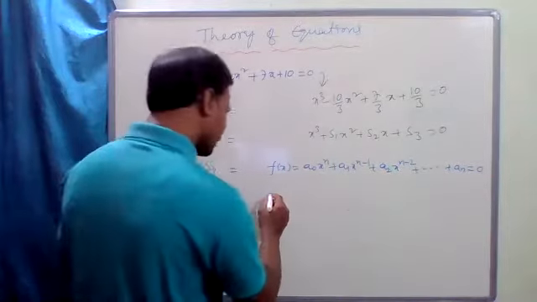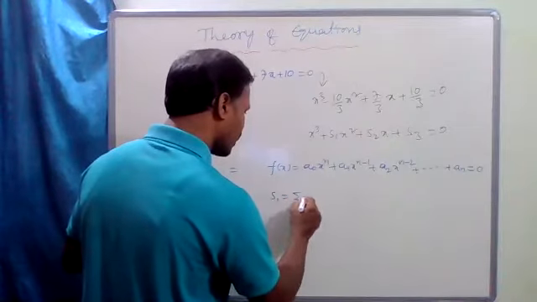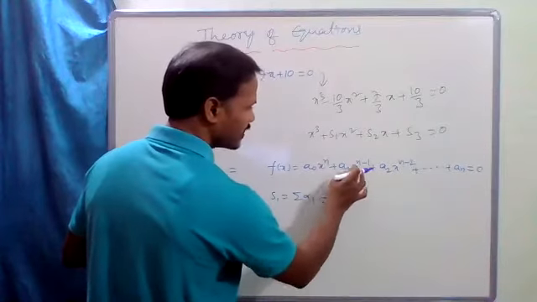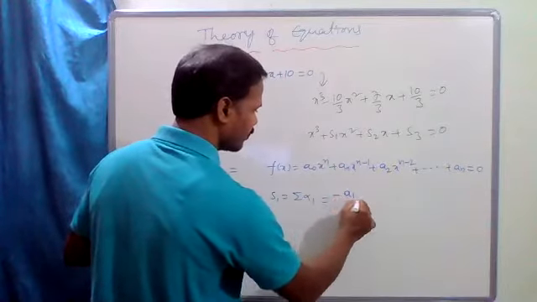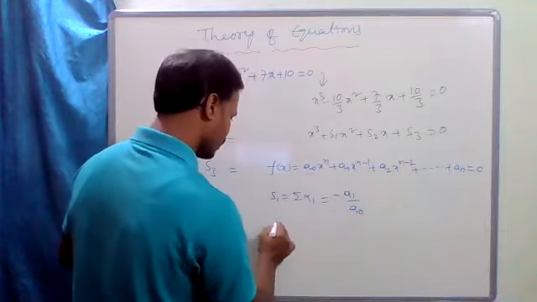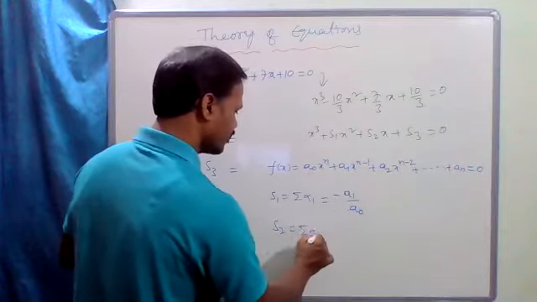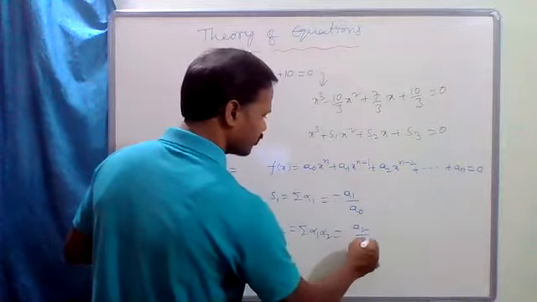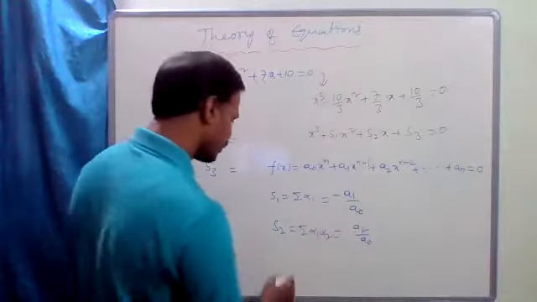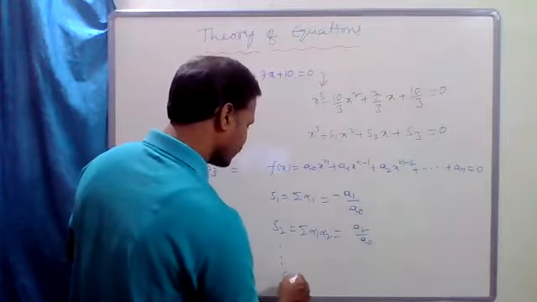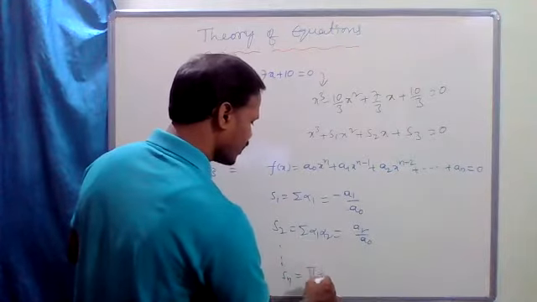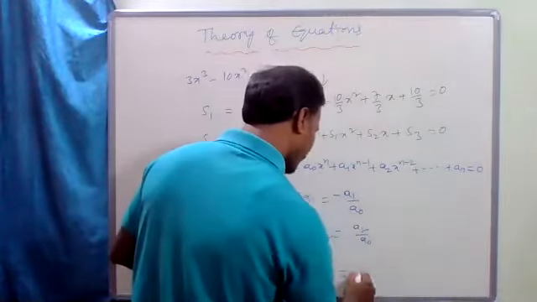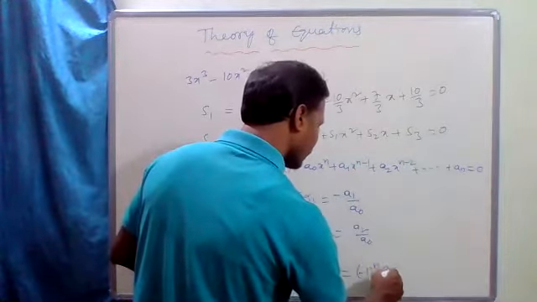Now what is s1? s1 equals sigma alpha 1, the sum of the roots, which is minus the x^(n-1) coefficient, that is minus a1, by the x^n coefficient a0. s2 equals sigma alpha 1 alpha 2, which is a2 by a0, the sign alternating minus, plus. And so on, sn is the product of the roots, alpha 1 into alpha 2 into so on alpha n, which equals minus 1 power n, an by a0.